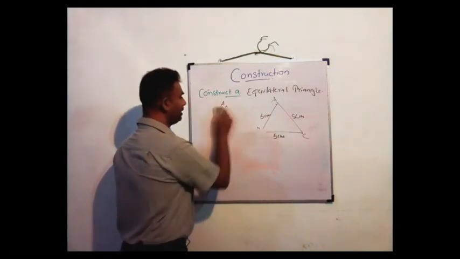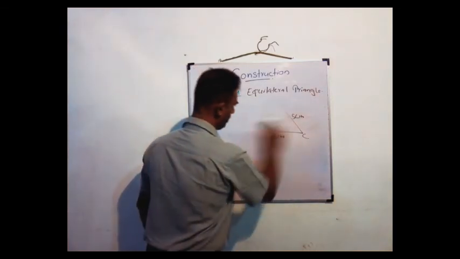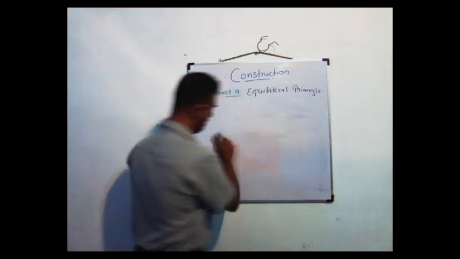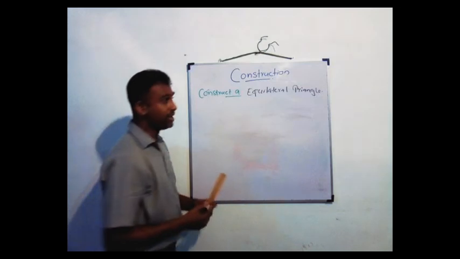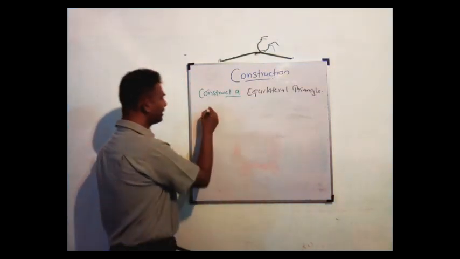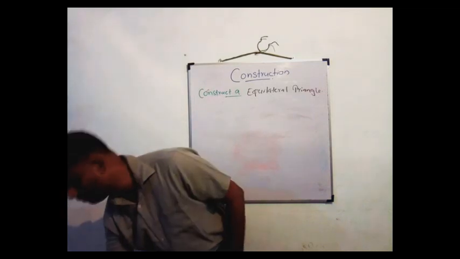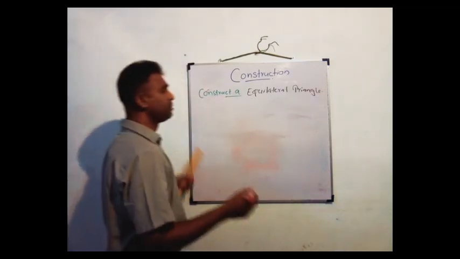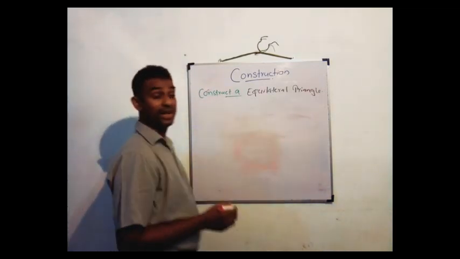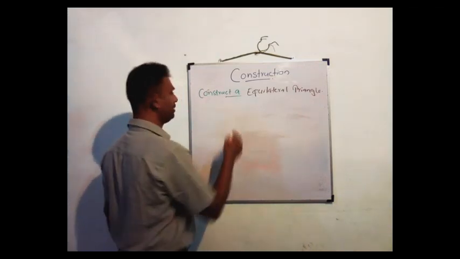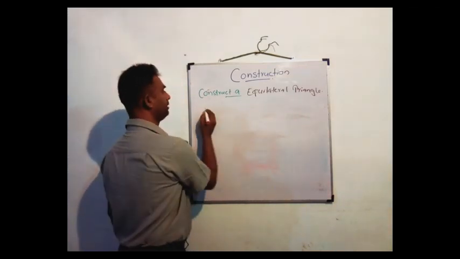Now we are going to construct an equilateral triangle. For example, construct an equilateral triangle with 5 centimeters, sorry, with 10 centimeters length.